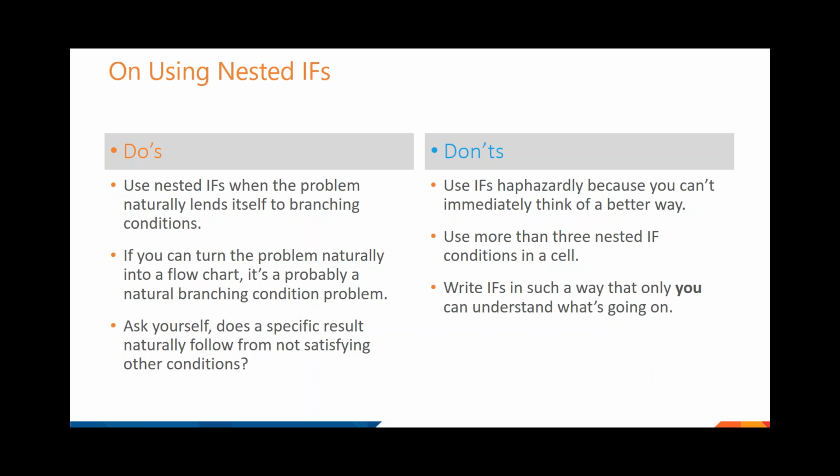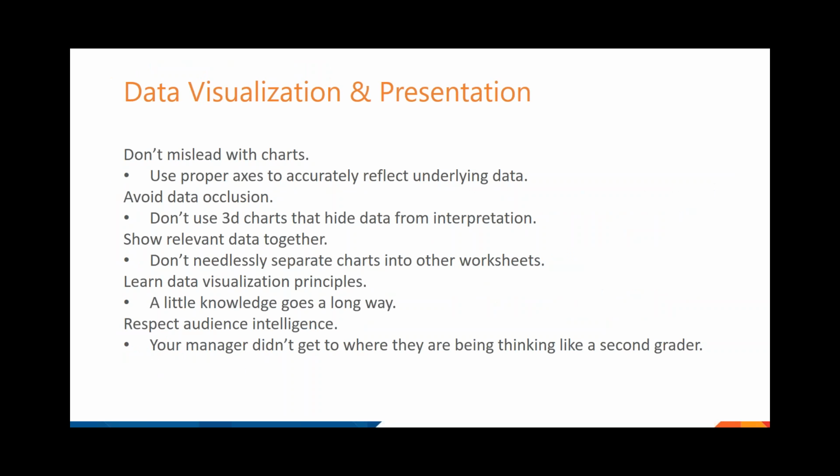I would say don't use more than 3 conditions if you can get away with it, because our short-term memory can only hold 3 to 7 chunks in it, so I'm being a little conservative saying 3. But after 3, you're really taxing our short-term memory. And again, that natural understanding of what's going on is not happening, and it's going to be a lot harder when you pass that work along. And we know this about our working memory, our short-term memory, because of the work we've done in data visualization and the research that's come about.